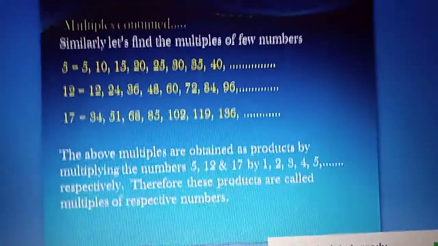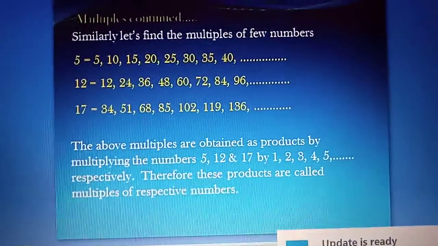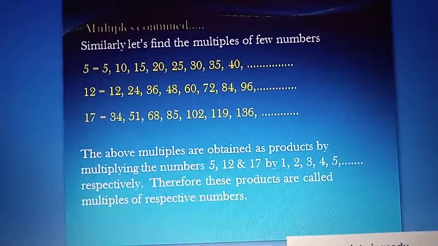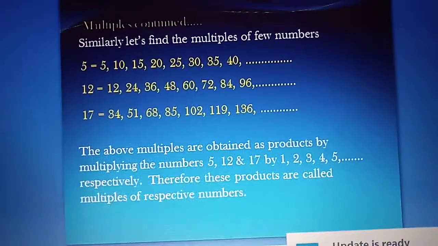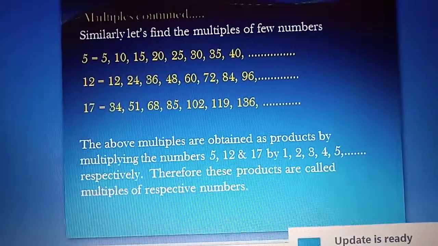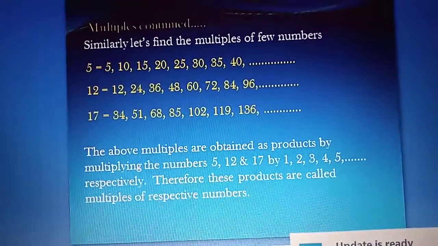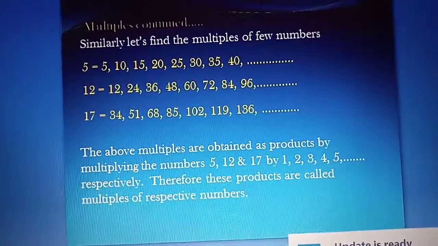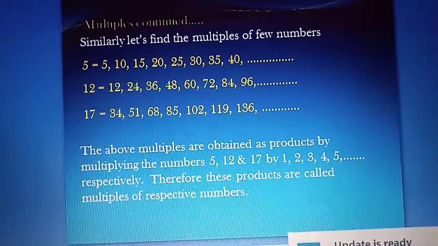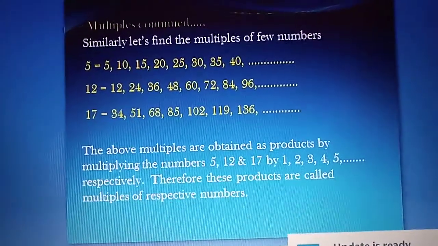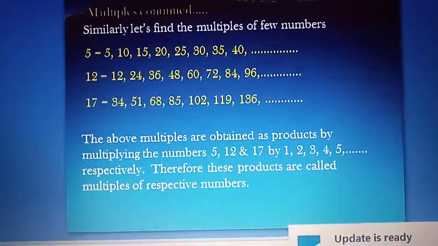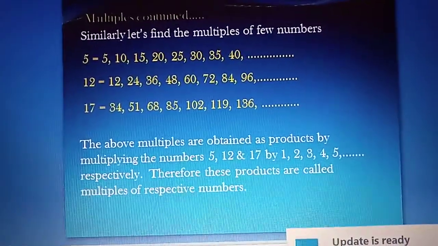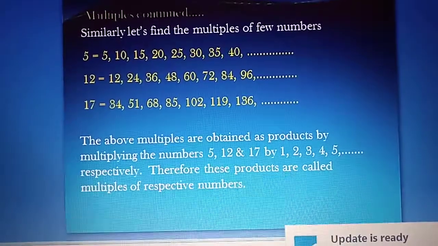Similarly, we can see a few multiples of other numbers over here. First we can see 5, that is 5, 10, 15, 20, 25, 30, 35, 40. 12: 12 ones are 12, 12 twos are 24, 12 threes are 36, 12 fours are 48, 12 fives are 60, 12 sixes are 72, 12 sevens are 84, 12 eights are 96 and so on. 17's table is there, 34, 51, 68, 85, 102, 119, 136 and so on.